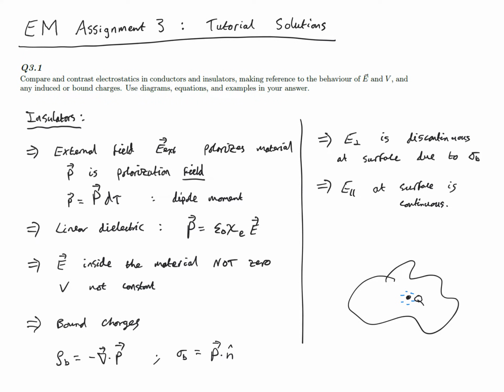So we'd have a bunch of bound negative charges close to the embedded point charge, and then corresponding bound positive charges further away, which have arranged themselves to counteract this external field and are arising due to the polarization of the material.